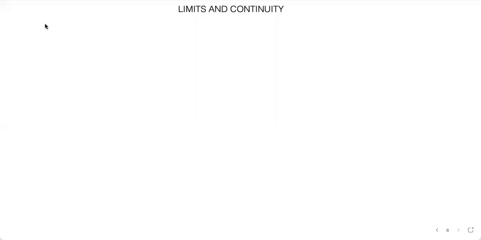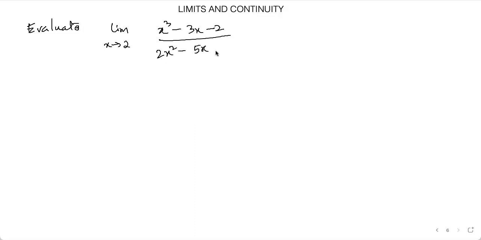So let us evaluate the limit as x tends to 2 of (x cube minus 3x minus 2) by (2x square minus 5x plus 2).